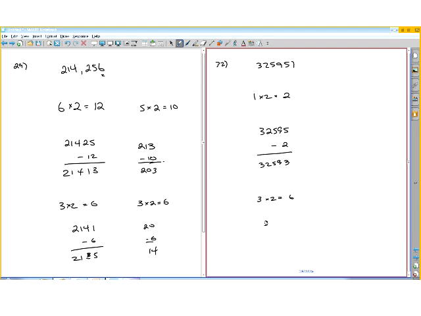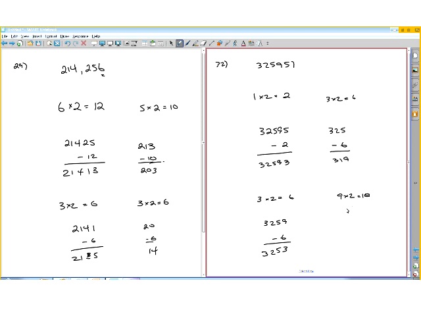3 times 2 is 6. We take 3259 minus 6, and we get 3253. The last digit is 3. Multiply that by 2, we get 6. We take 325 minus 6, and we get 319.